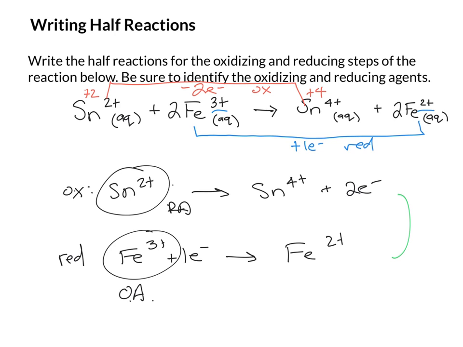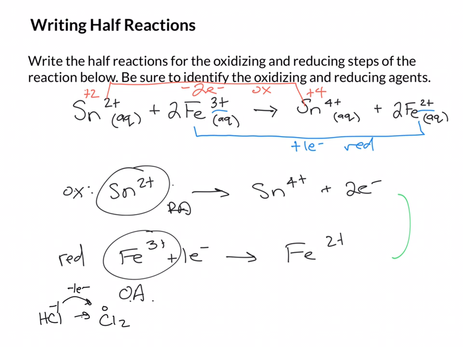So, for instance, let's say we had something like HCl going to Cl2. We know that chlorine has an oxidation number of -1, and in Cl2 it is 0. So we know that we have lost electrons in this context.